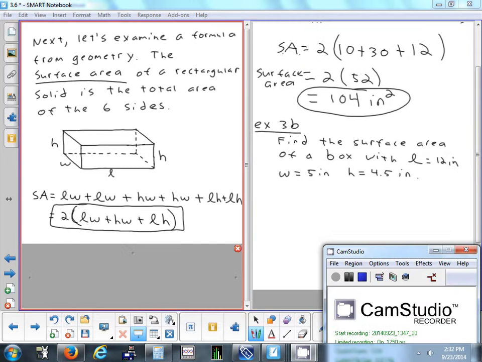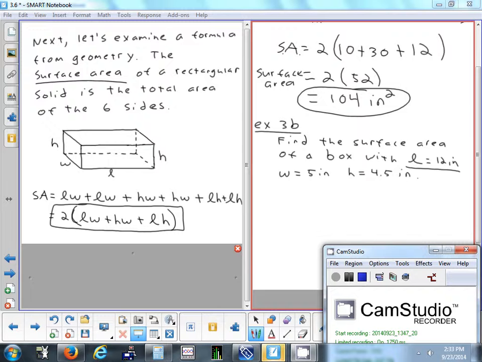First thing we have to do is identify the length, width, and height. Okay, so we've got our length, width, we've got our height. Fill them in that formula. When I write surface area, that's just an abbreviation, SA, surface area.